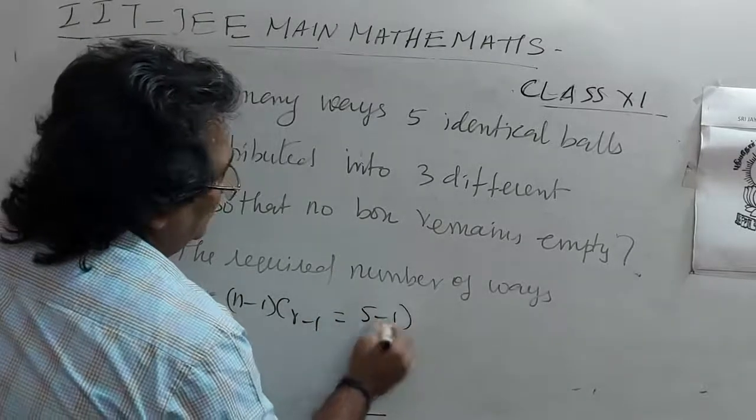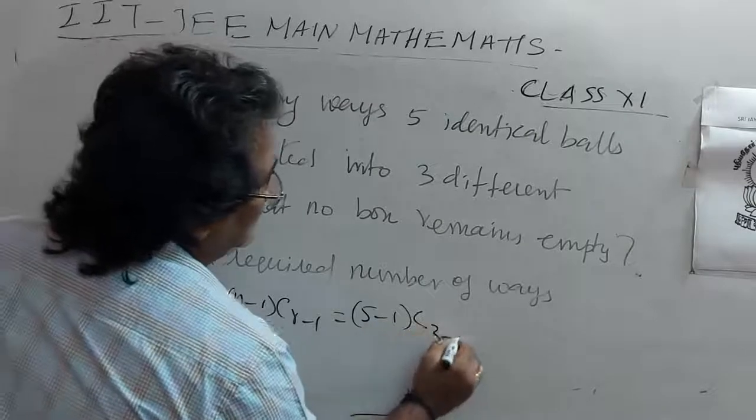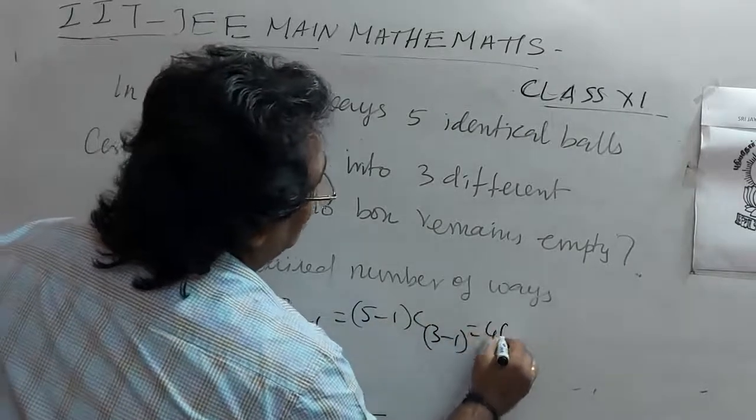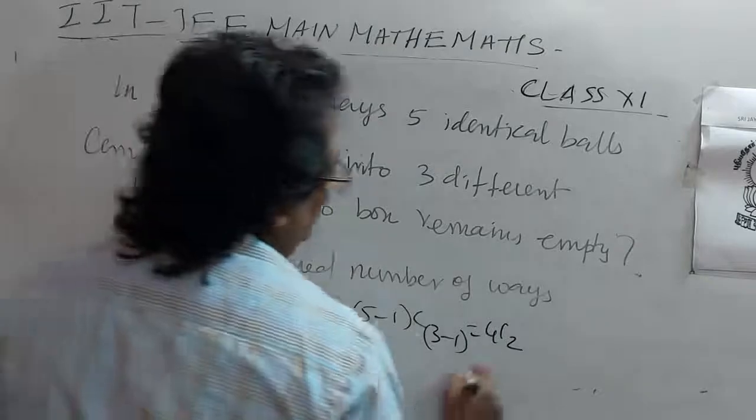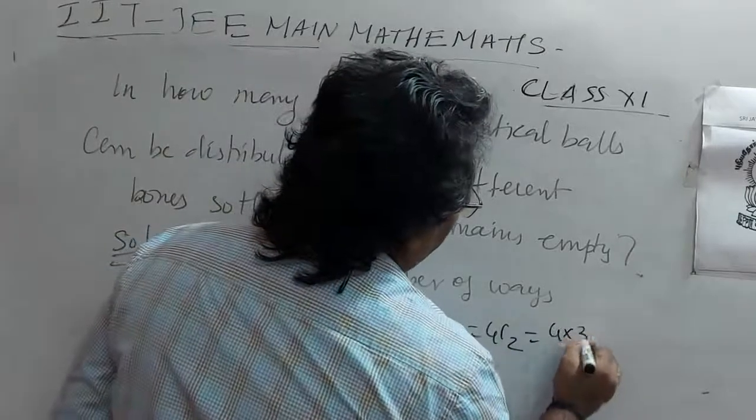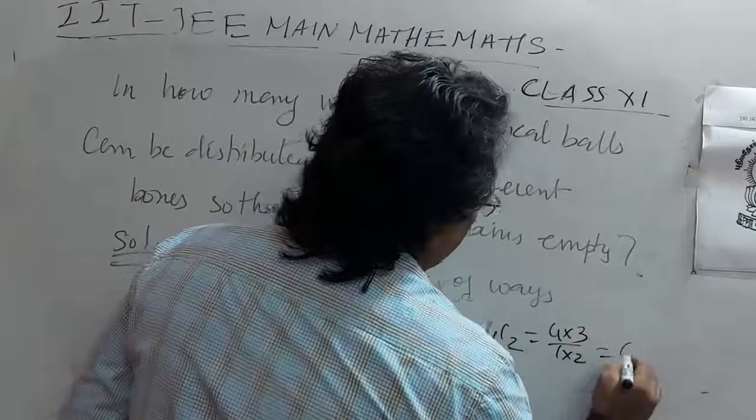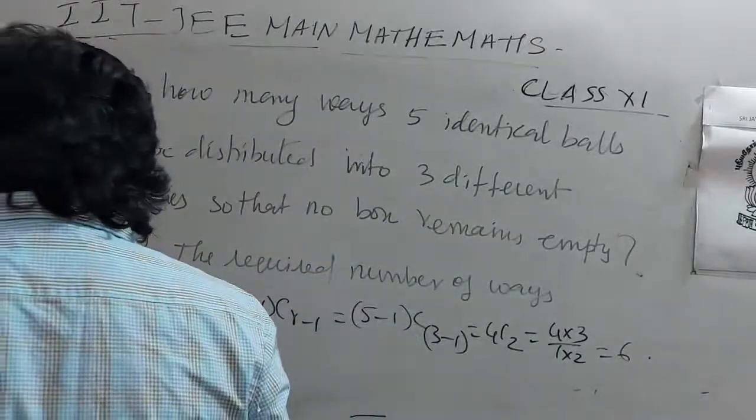So 5 minus 1 C 3 minus 1, that is 4C2, 4 into 3 by 1 into 2, that is 6.